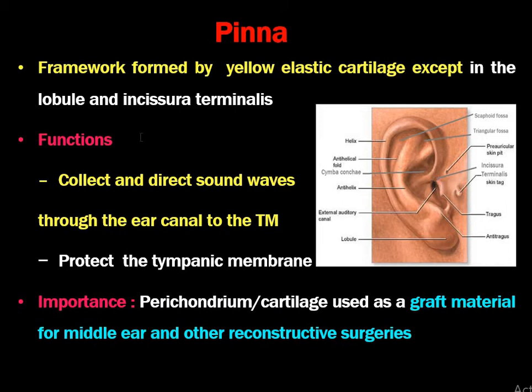The functions of the pinna are to collect and direct sound waves through the ear canal to the tympanic membrane, and to protect the tympanic membrane from the external sound. The perichondrium of the pinna can be used as graft material for middle ear and other reconstructive surgeries, and even the cartilage is strong and can be used for reconstructive surgeries as well.